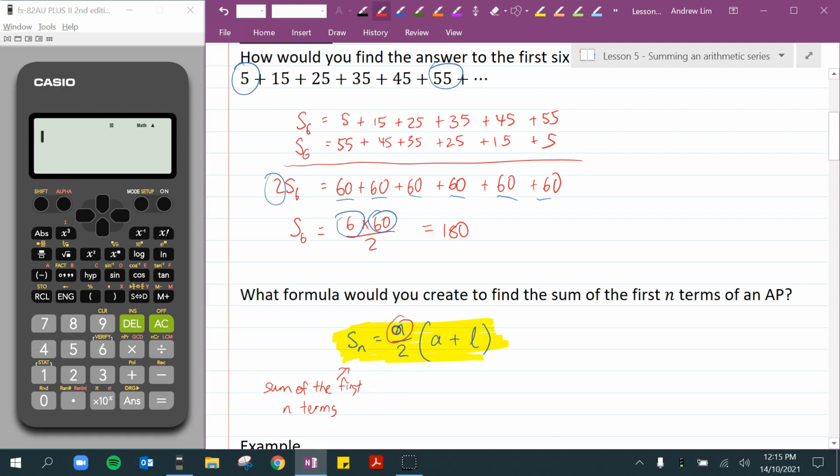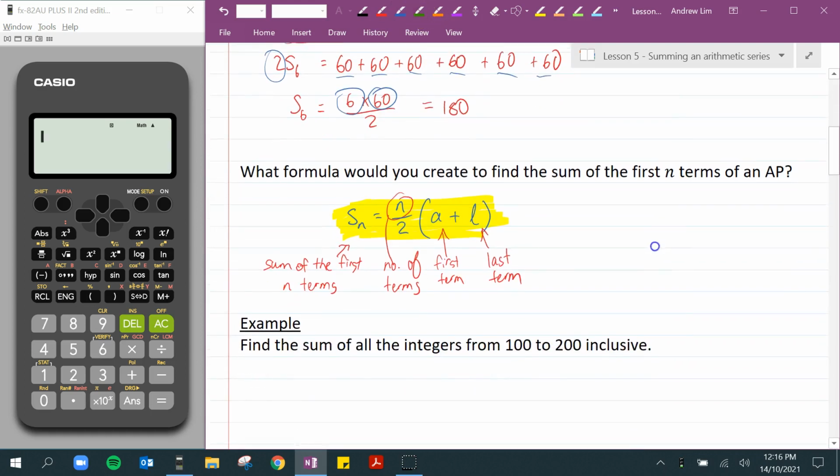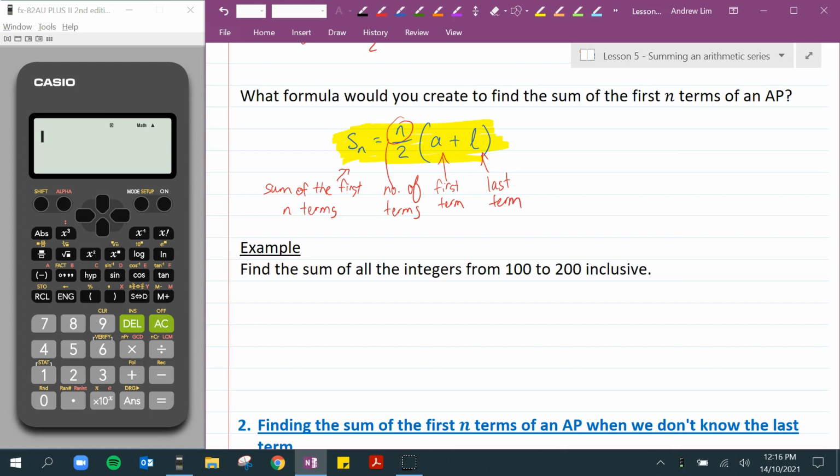It is equal to the number of terms divided by 2 times the sum of the first term and the last term. Okay, so that's how we read that formula.